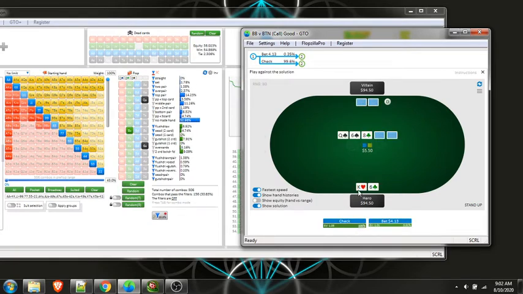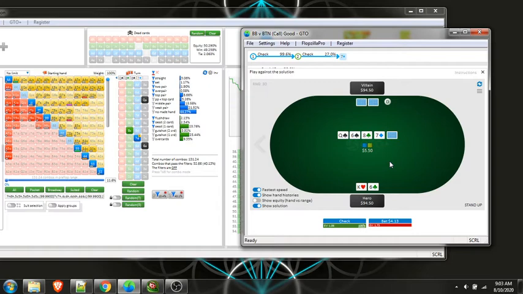The 6 with the king, over 50%. Slightly. That probably keeps us at around 50%, slightly above.